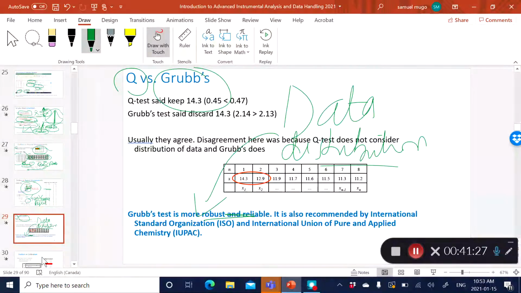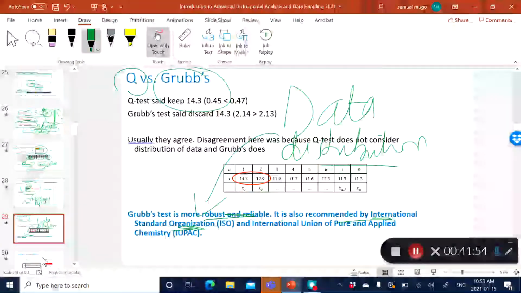In actual fact, it's the one that is recommended by the International Standard Organization, and most companies that you go to have these so-called ISO certifications, meaning they comply with the international standard testing. And so they typically would use the recommendations of the ISO, and that's how they get certified.